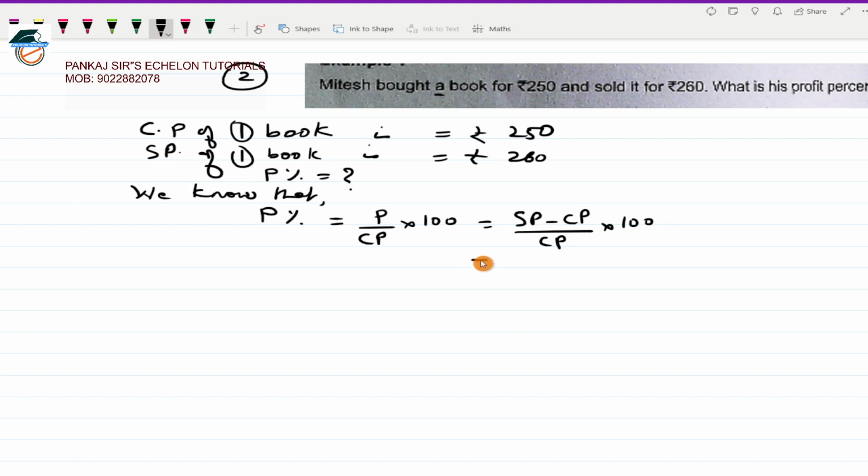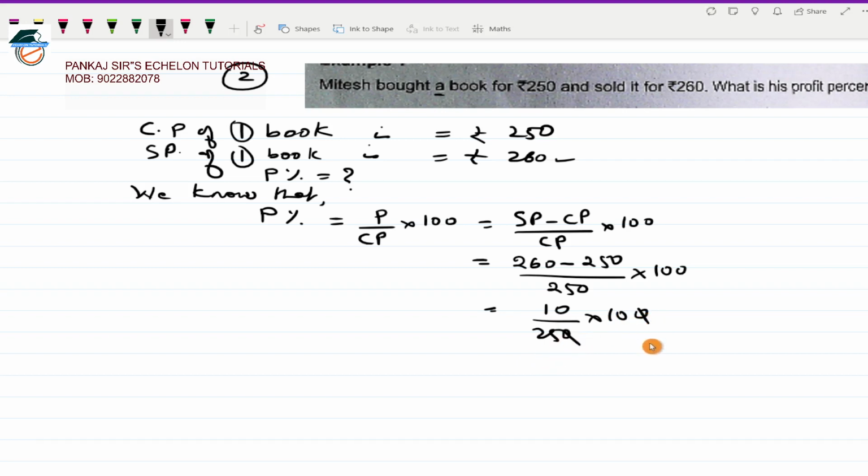This should work out to, now selling price of one book is 260 minus cost price of one book is 250 upon cost price of one book is again 250 into 100. So this will be 10 upon 250 into 100.